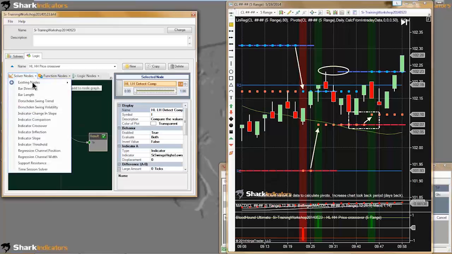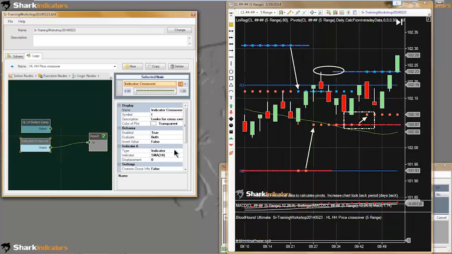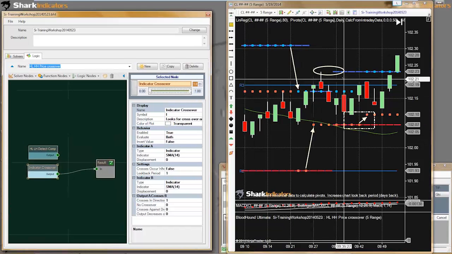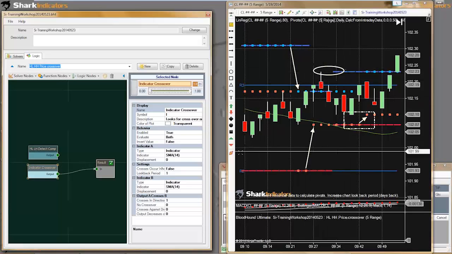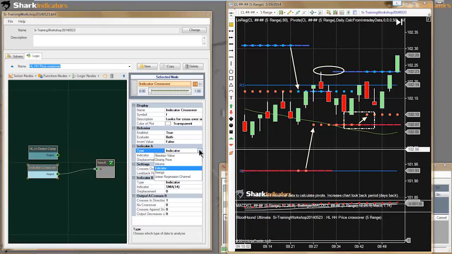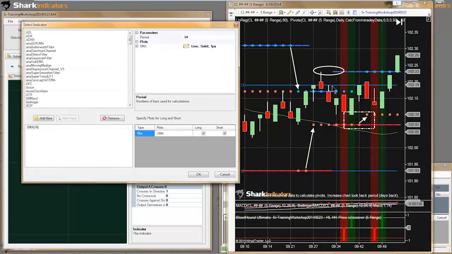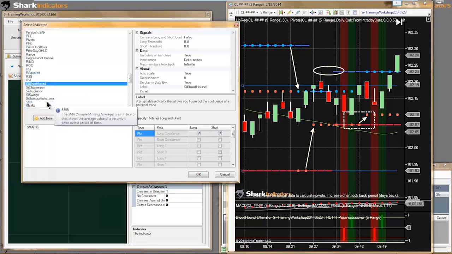All right, and then the next one, we're going to just use a simple crossover and find when price crosses over our highest high plot, our highest high swing. So I'll set this to the closing price, and then indicator B I need to set to our highest high and lowest low plots. So we'll set this to our swing indicator.